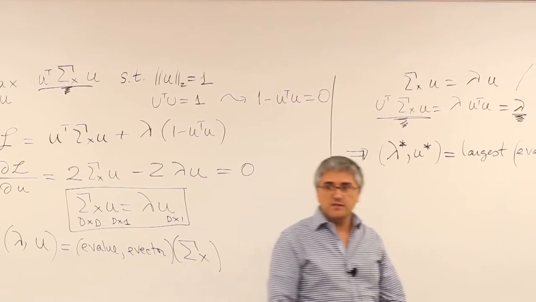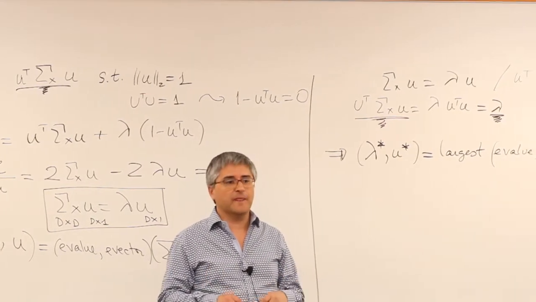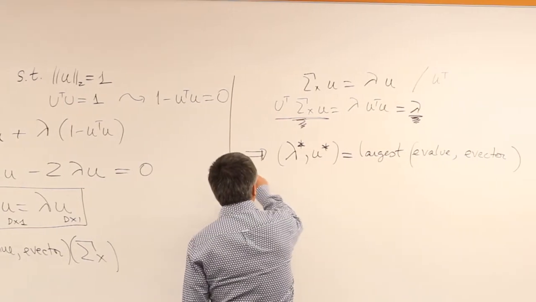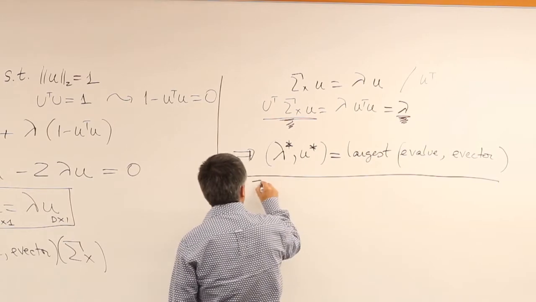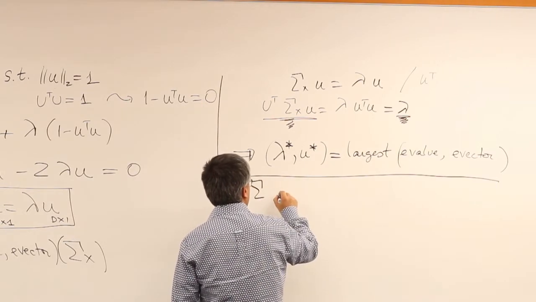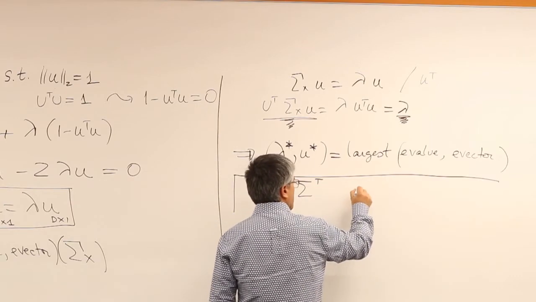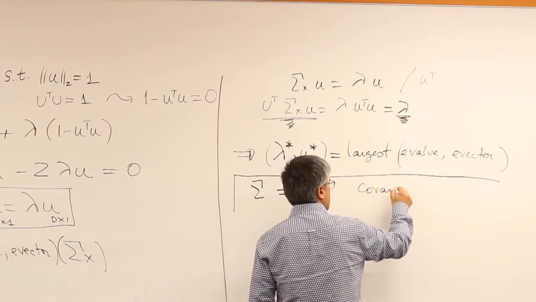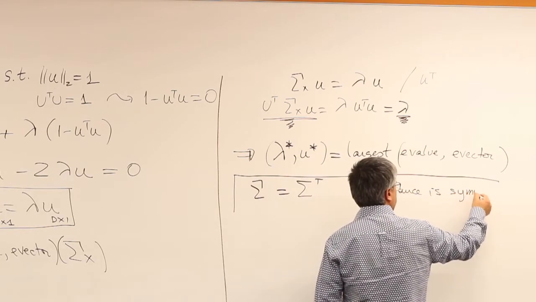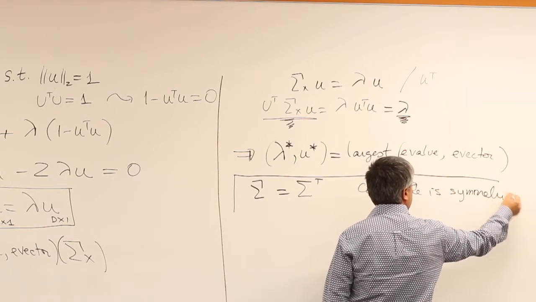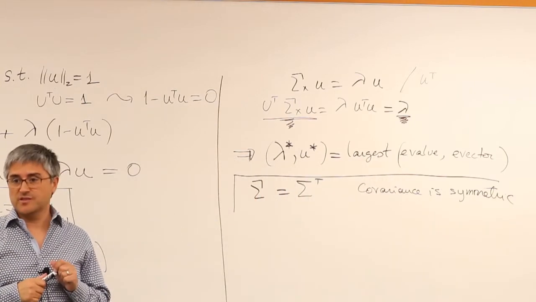Now, this you may have learned in linear algebra, you may not. But here is something that is important. The sigma is equal to sigma transpose. In other words, the covariance is symmetric. It's not any matrix, it's symmetric.